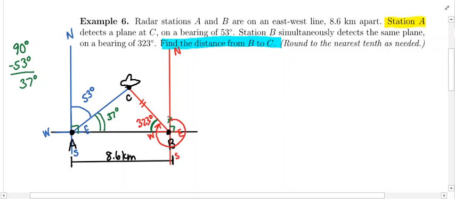We almost went one full revolution. We went 323 degrees. So we can figure out this particular angle inside the triangle.